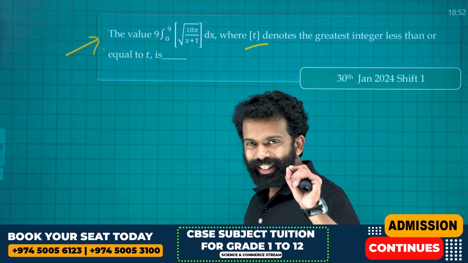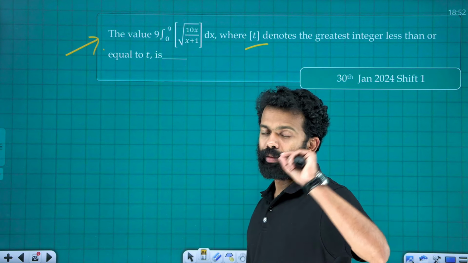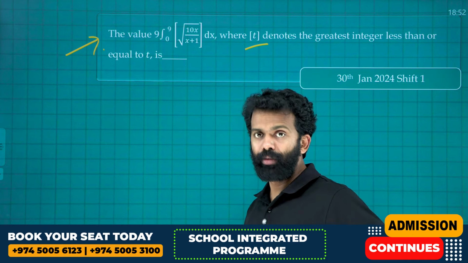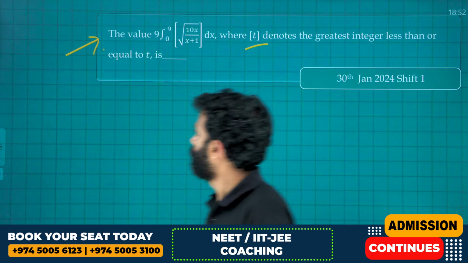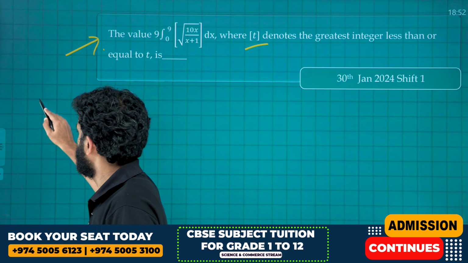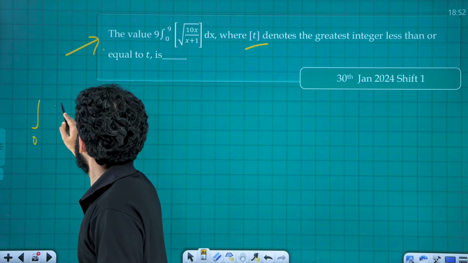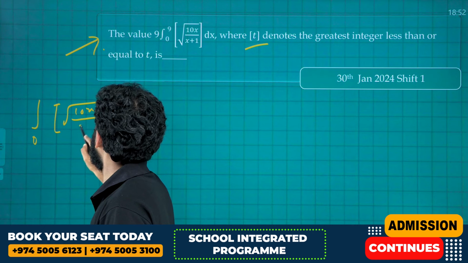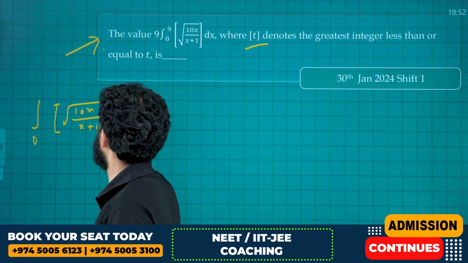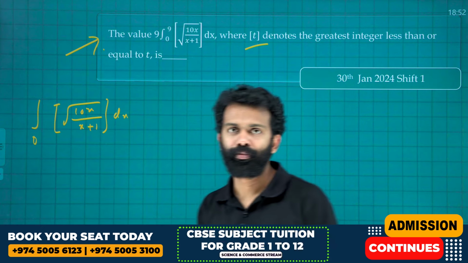We know that if it is greatest integer, we should place the upper limit and lower limit in such a manner that there should be consecutive integers. Therefore, 9 we can put later. That is 0 to box of square root of 10x divided by x plus 1 into dx. So, what should be here?